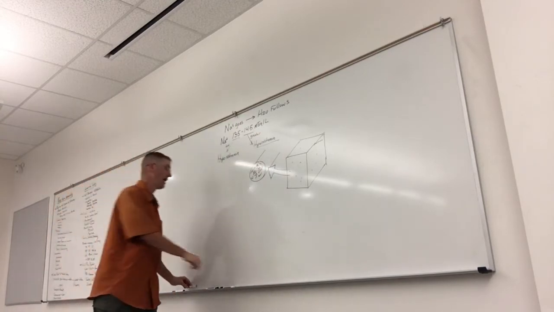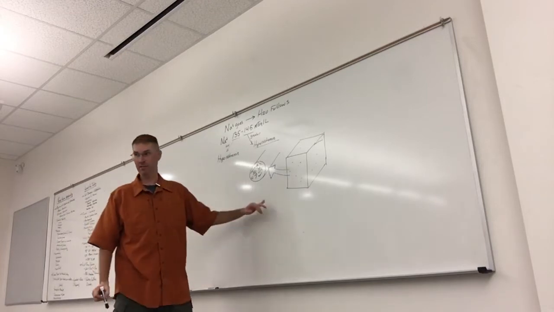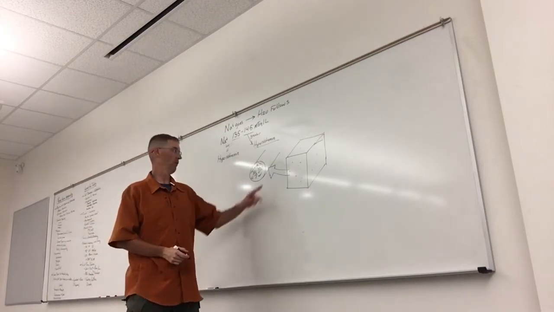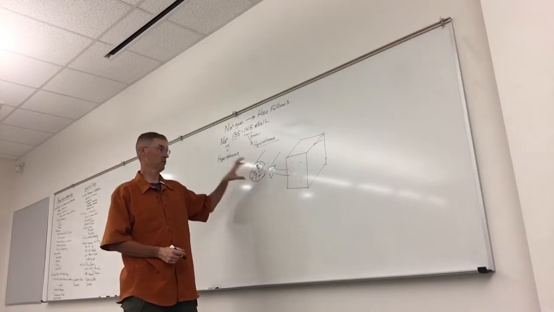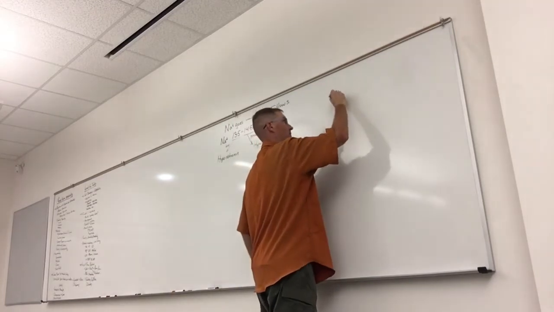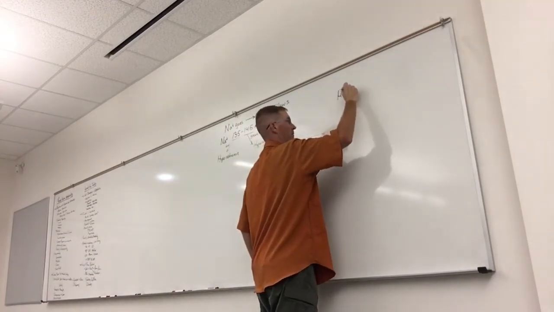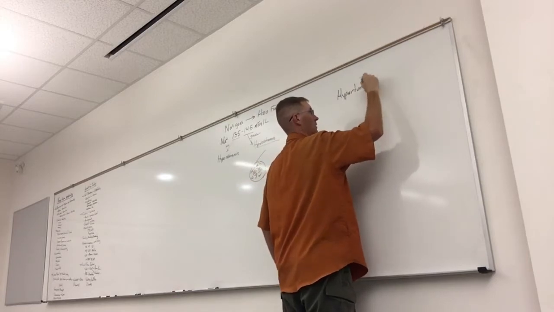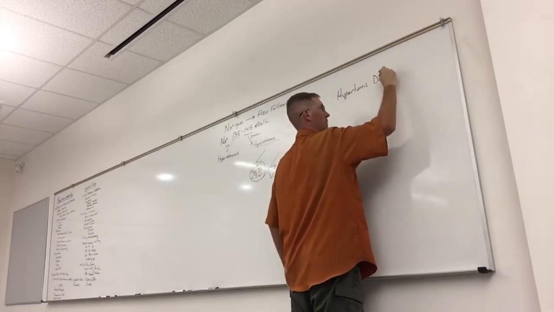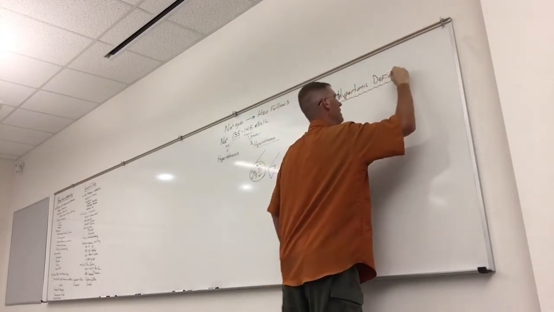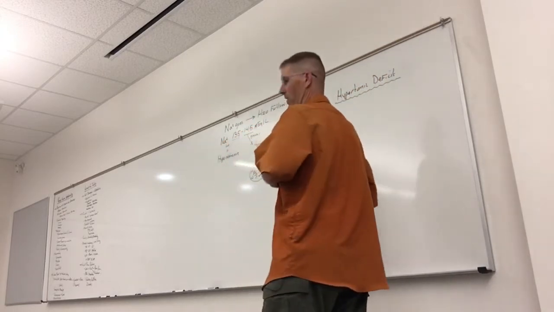This is what we call a hypertonic deficit. You guys okay with that? Does that make sense? Why? Because this is so hypertonic. Make sense? All right, so we call this a hypertonic deficit. And that's one of the more common issues that we're going to run into with hypernatremia.